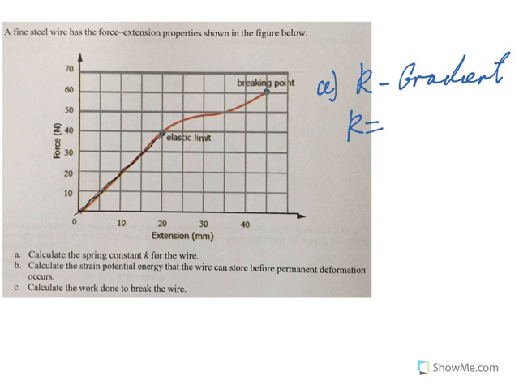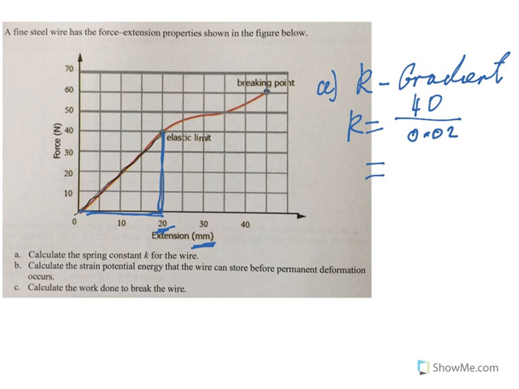Gradient is rise over run, and so if I take these two things here, so the rise is force in Newtons, which is 40, and the run is the extension, which is 20, but it's 20 millimetres. So 20 millimetres is 2 centimetres, which is 0.02 of a metre.